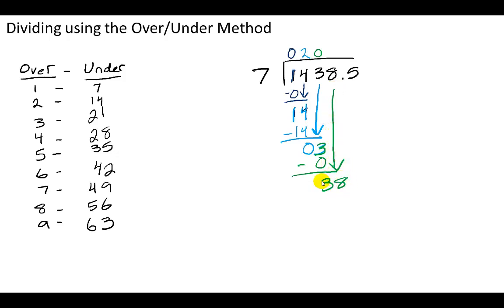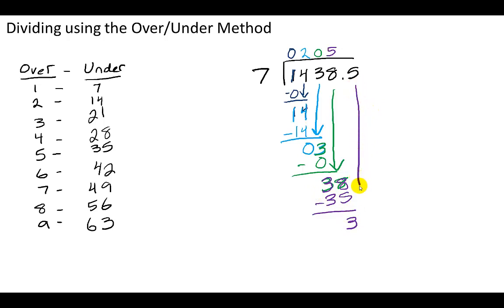We're focused now on 7 going into 38. So looking at the over-under list for 38 or a number smaller, well, here's a 35 up to 42. 42 is too large, so we're going to go with 35. Under 38, I'm going to write 35. And over the 8 that we brought down, 35 is associated with 5. So I write 5 over our division problem. I'm going to subtract 38 take away 35, I get 3.